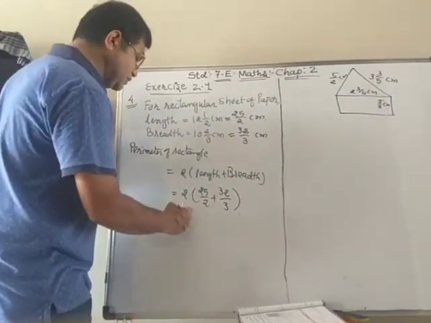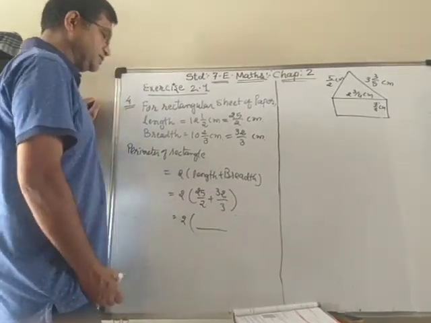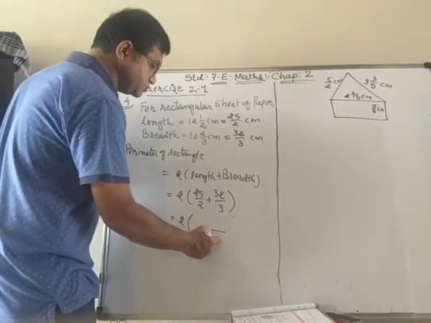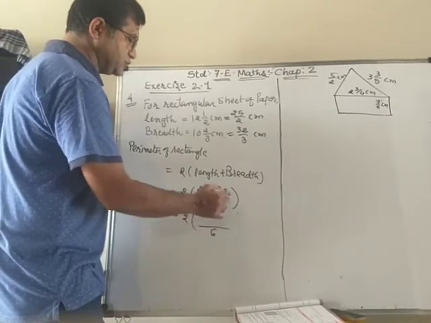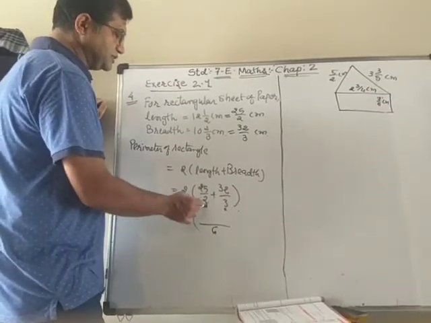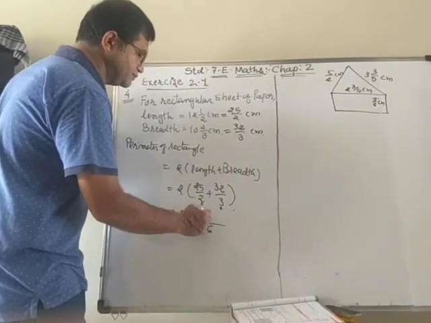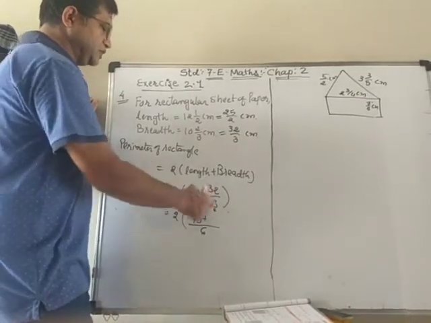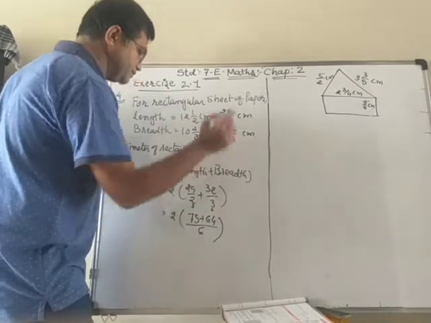So now 2 we will keep as it is first and take the LCM here. The LCM of 2 and 3 is 6. So we have to multiply this by 3 and this by 2. So 25 multiplied by 3 is 75 plus 32 multiplied by 2, which will be 64.